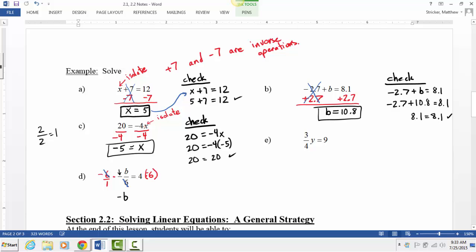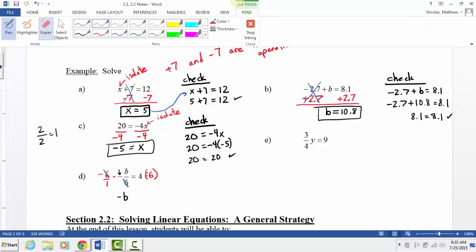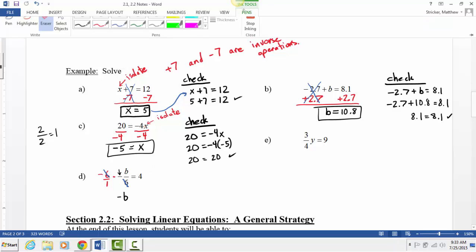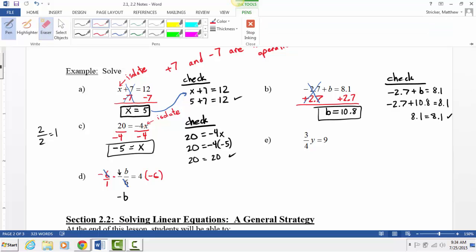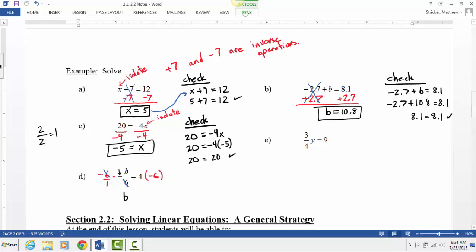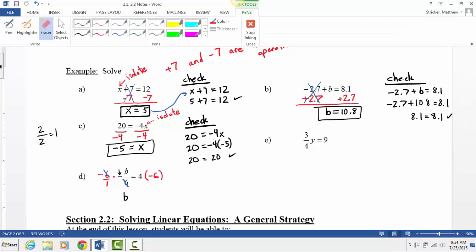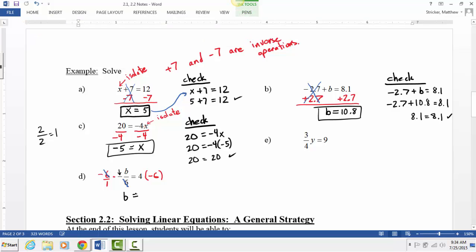We could multiply the left side by a negative 6 instead of a positive 6, because when we do that, all of a sudden that becomes a positive b. And then our answer, 4 times negative 6, is negative 24.